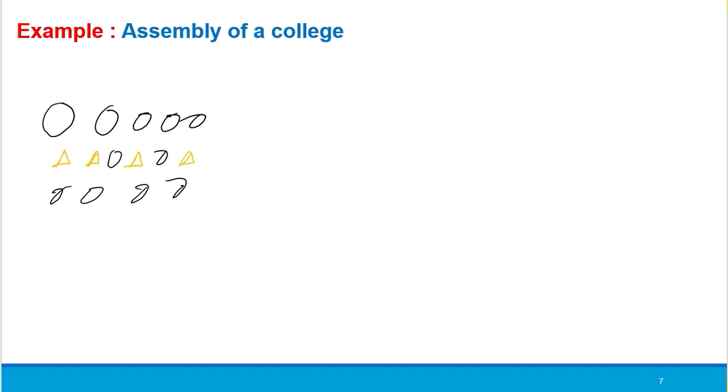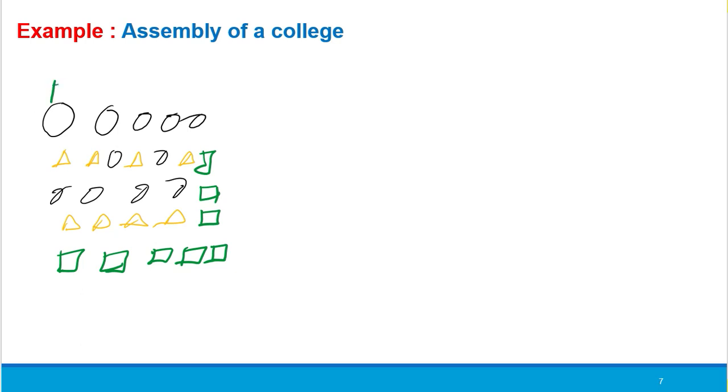Let us suppose that in a college there are three types of students: the students of first year, then we have some students of second year, and then we have some students of third year, and like that.